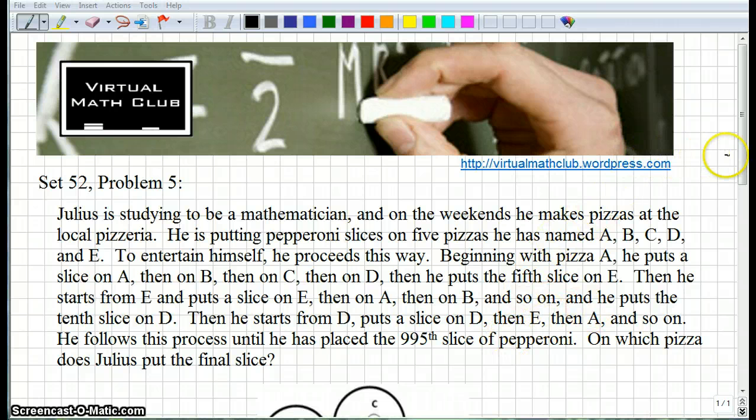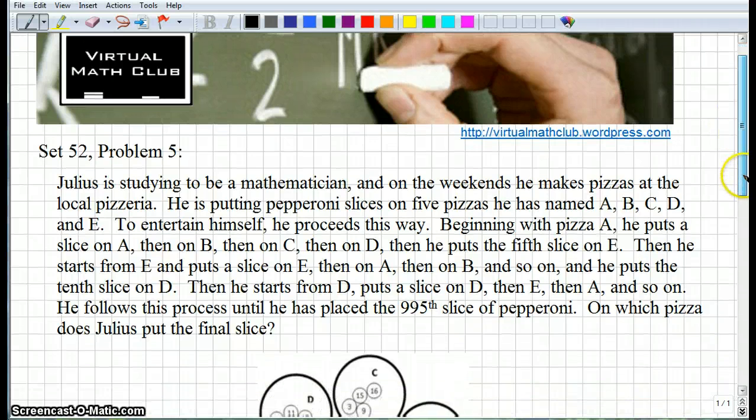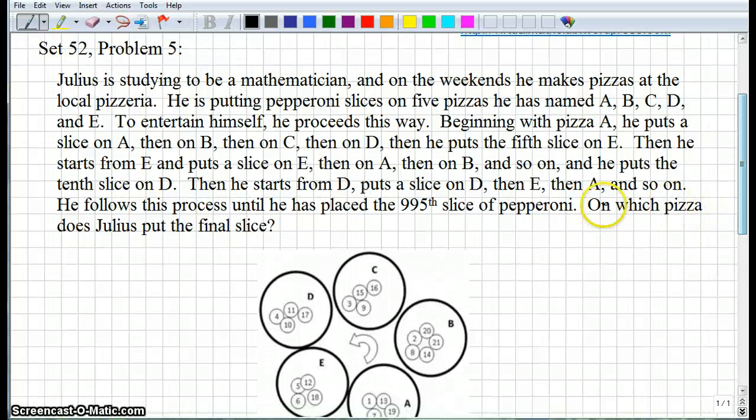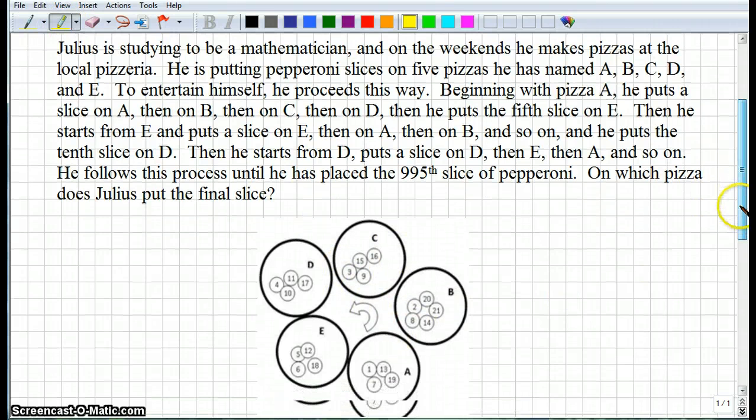Alright, well I have a little diagram down here to show you what we're talking about. You can see that he puts a slice here, 1, 2, 3, 4, and then 5. And then it's almost like a little stutter.